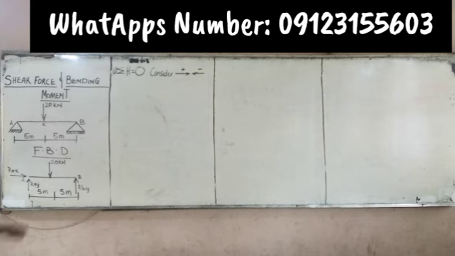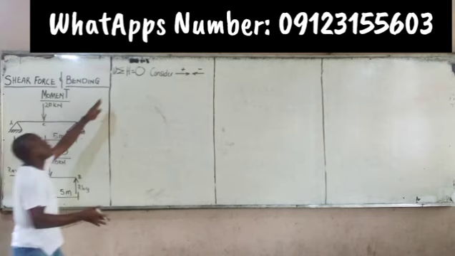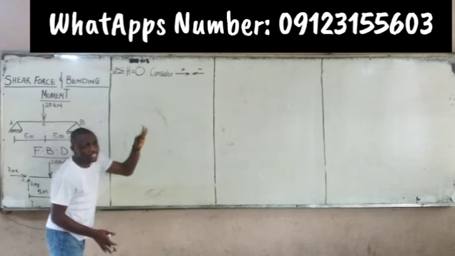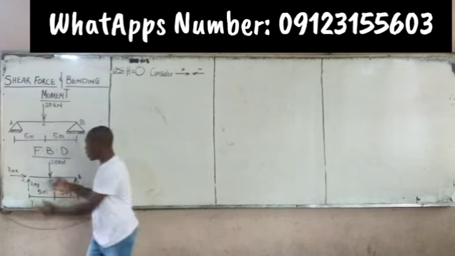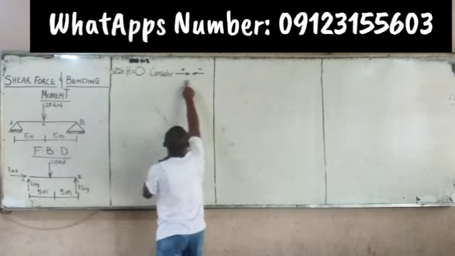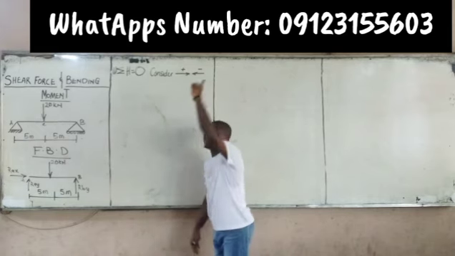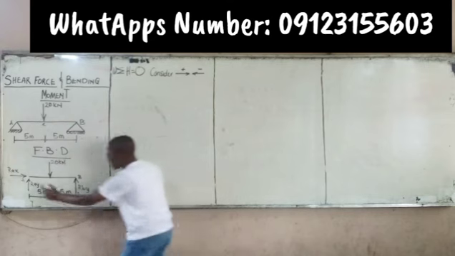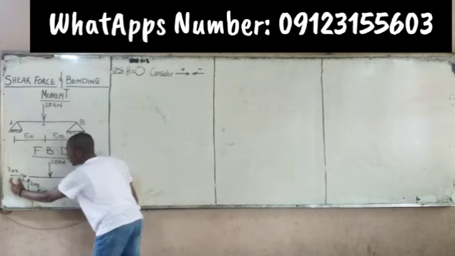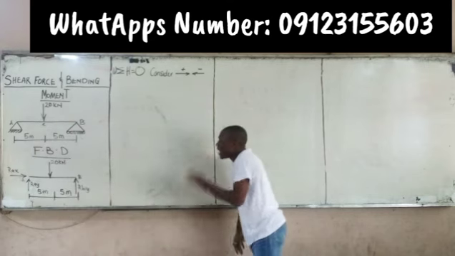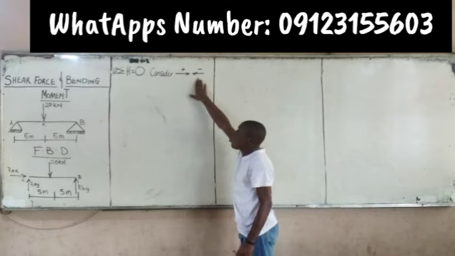From this body, listen please. The first condition, summation of horizontal components. Which force from this body is in this direction, either facing here or here, lying down? I can only see one force, which is RAX. So it's only RAX that I'm seeing in the horizontal direction.